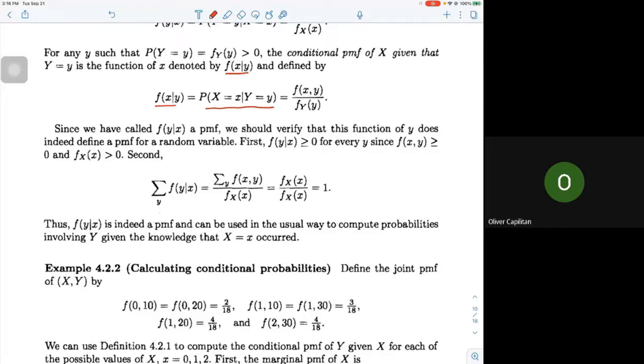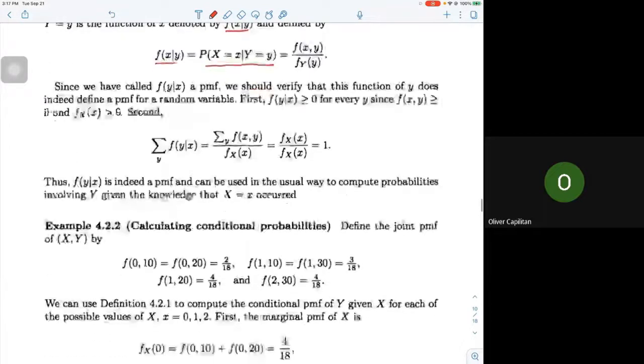And then since we know that the joint PMF is indeed a PMF, the sum of this joint PMF will be equal to the marginal PMF of x. So it is equal to 1. So clearly, our conditional distribution of Y given X is indeed a probability mass function.